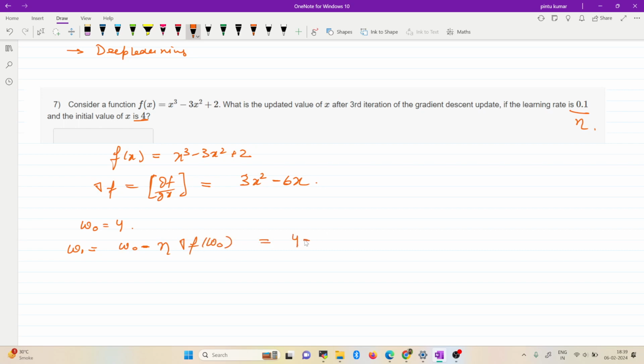This is 4 minus 0.1 into, I'll request you to please do the computation, 3 into 4 square is 16, minus 6 into 4. So this is 4 minus 0.1 into 48 minus 24, that is 4 minus 0.1 into 24, that is 4 minus 2.4, and this is 1.6. This is one iteration that we have done.